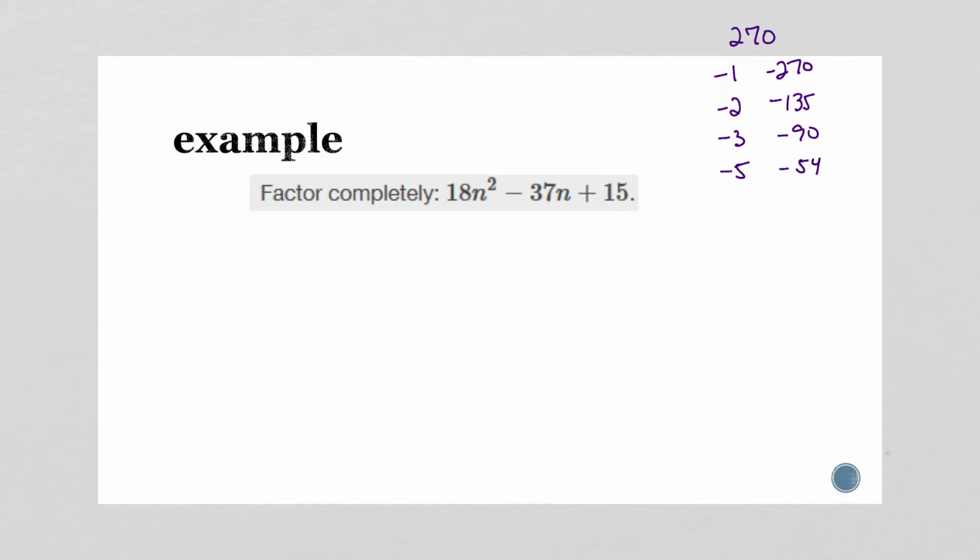Those add up to be negative 59. No, but we are getting closer. 270 divided by 6. Yep. And these add up to be negative 51. Again, getting closer. 270 divided by 7. Nope, that's a decimal. 270 divided by 8. Nope, 270 divided by 9. Ah, look at that.